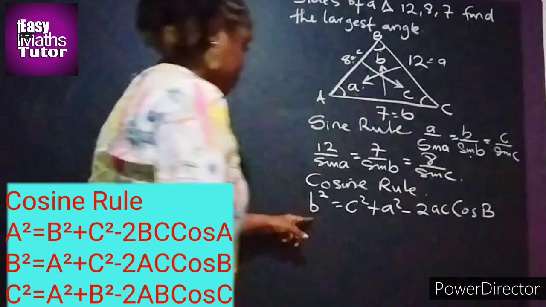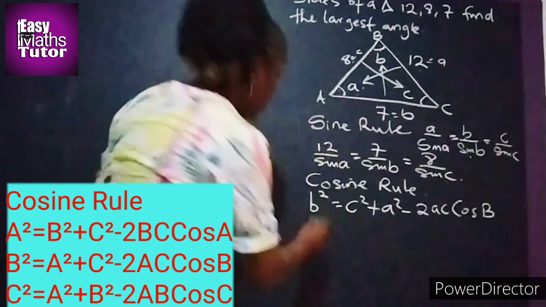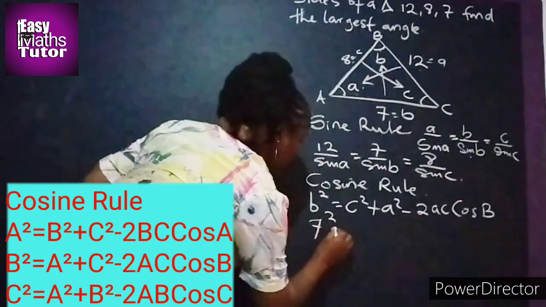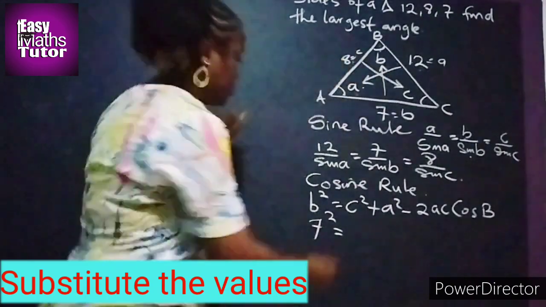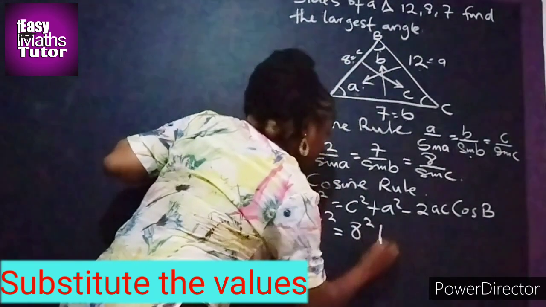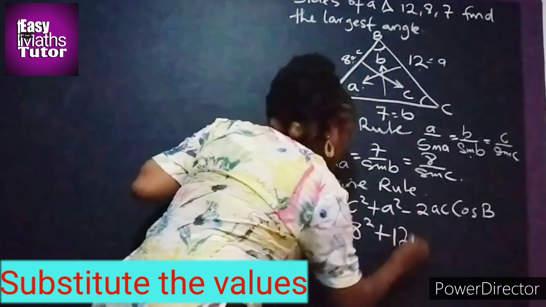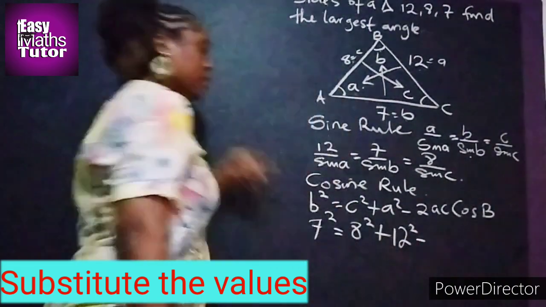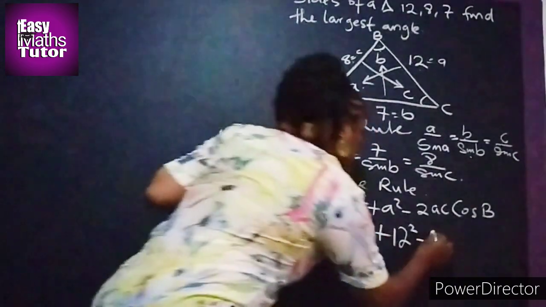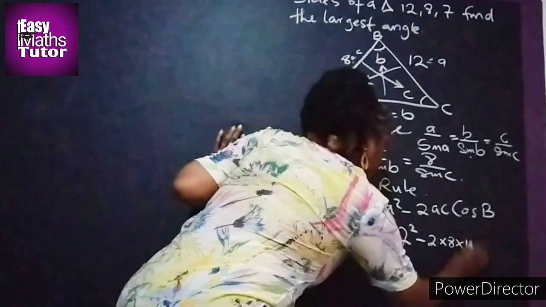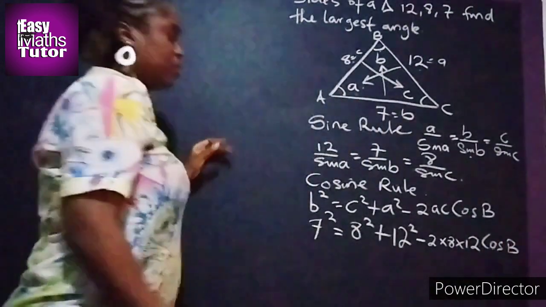So B squared is 7 squared, C squared is 8 squared, A squared is 12 squared, minus 2 times 8 times 12 cos B.